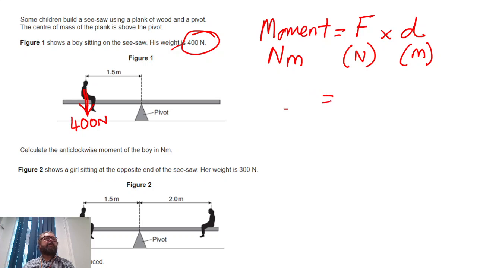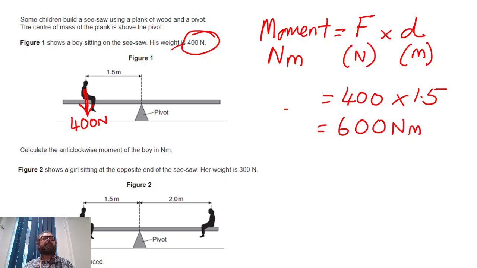So this boy's moment is 400 times 1.5, which is 600 newton meters, anti-clockwise, because if you imagine this person sitting on the seesaw, they're trying to make the seesaw turn in an anti-clockwise direction. In this figure 1, the seesaw would go downwards and hit the floor.